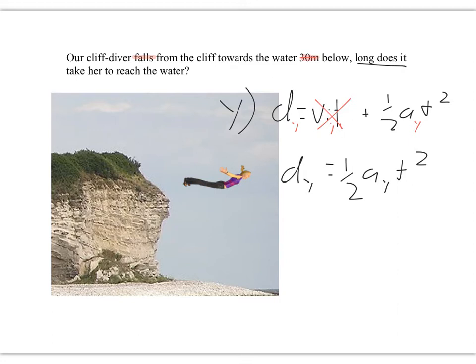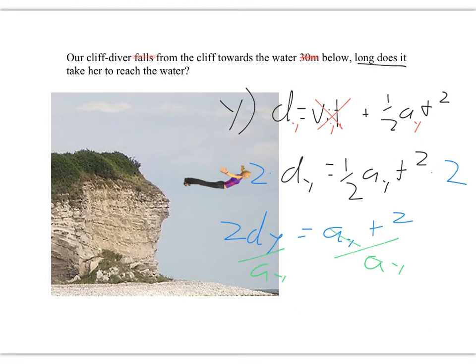So I'm going to rearrange this algebraically to solve for time. First I'm going to multiply both sides of the equation by 2, so I rewrite 2 dy is equal to ay t squared. Then I'm going to divide out that ay.